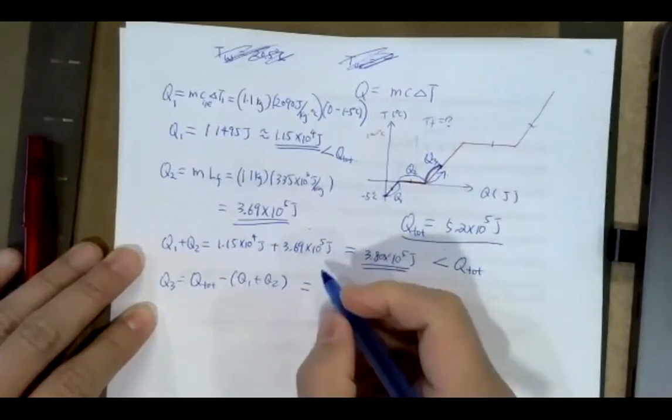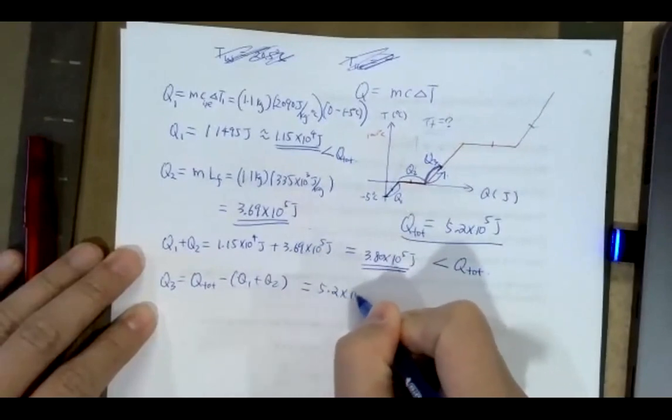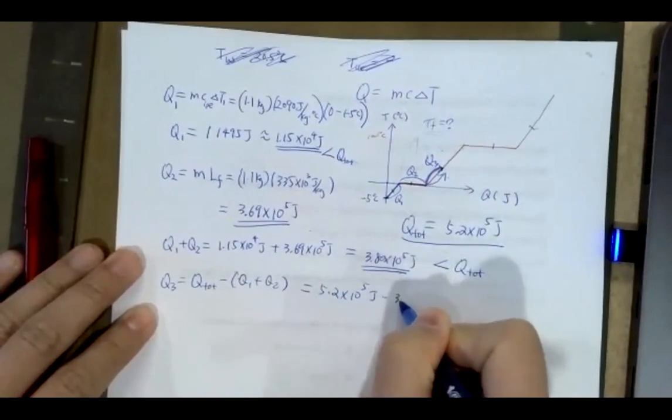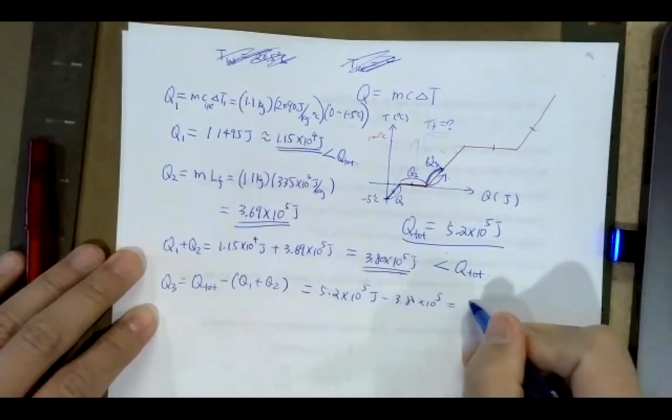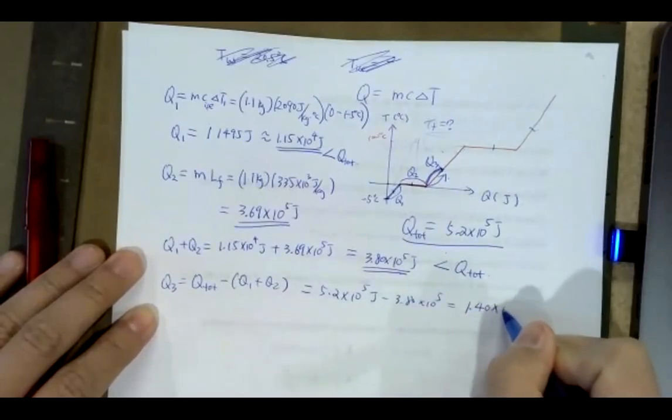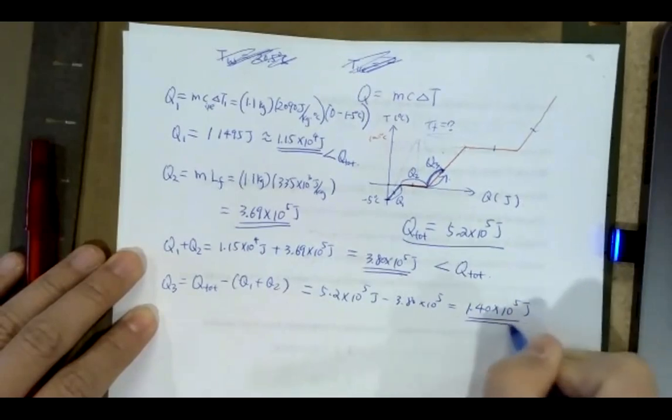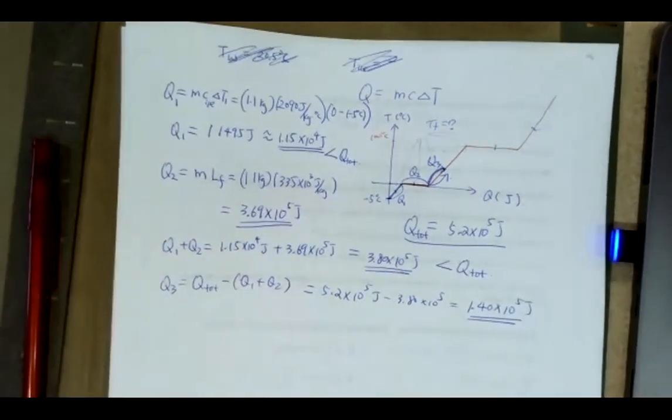So this would be equal to 5.2 times 10 to the fifth joules minus 3.8 times 10 to the fifth. That's equal to 1.40 times 10 to the fifth joules, okay? So this is my remaining heat to be added to the water. I'm going to assume now it's not reaching the boiling temperature of 100 degrees Celsius.